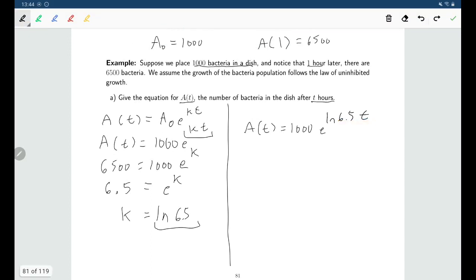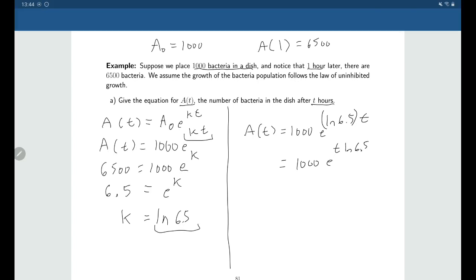So there are two solutions to prevent you from thinking that. One might be to put brackets around the log, or you could write it as 1000 e to the t times natural log of 6.5. That's also a clearer way to write it, and it makes it clear that t is not a number that's inside that natural log.